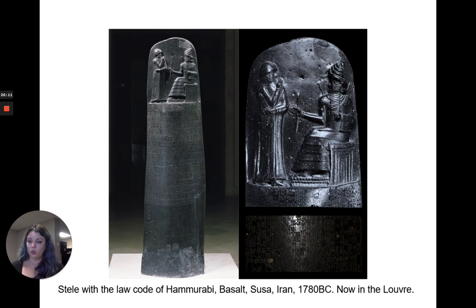So this was really, really ahead of its time. And the code is written in Akkadian, in cuneiform, and you can see it's inscribed on this stele, and it is 3,500 lines of cuneiform, so it's quite extensive.